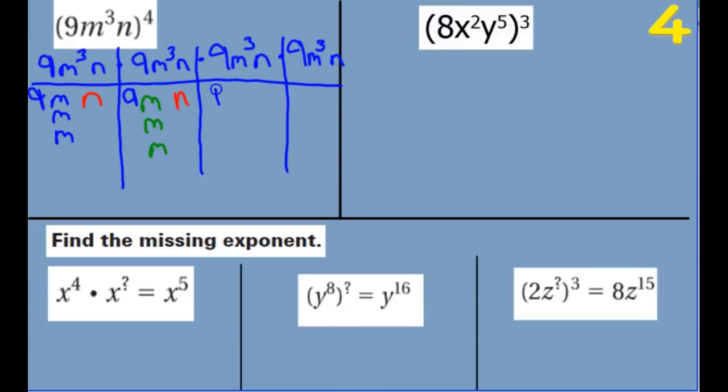This one we have 1 9, 3 m's, and 1 n. And our last one, just like every other one, we have 1 9, 3 m's, and 1 n.